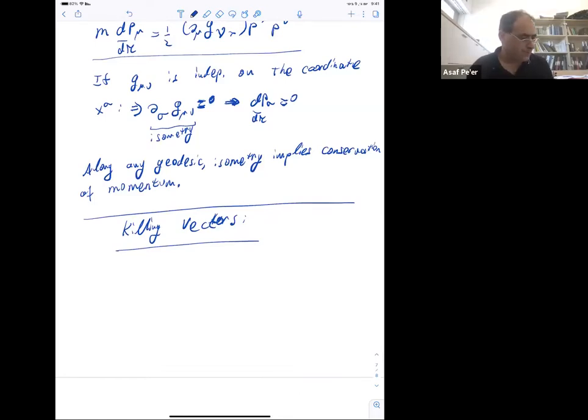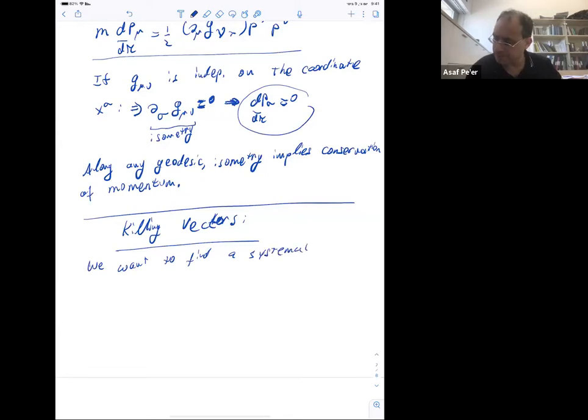So what do we do? Let's assume, so we basically start from what we did here. So we want to find a systematic way of finding isometries. So we do the following.